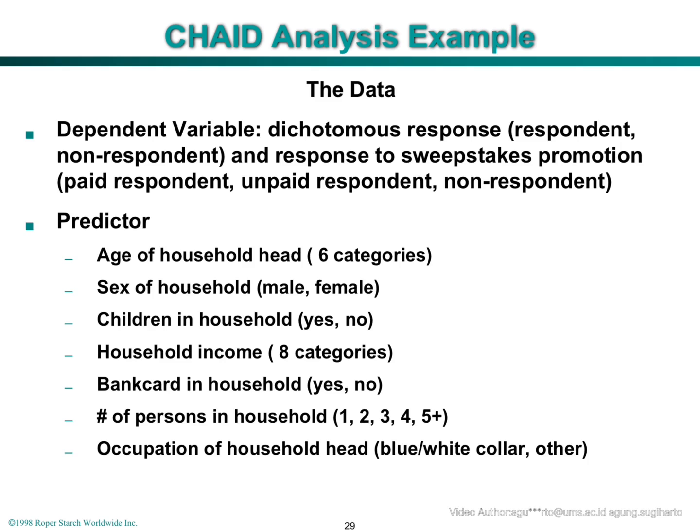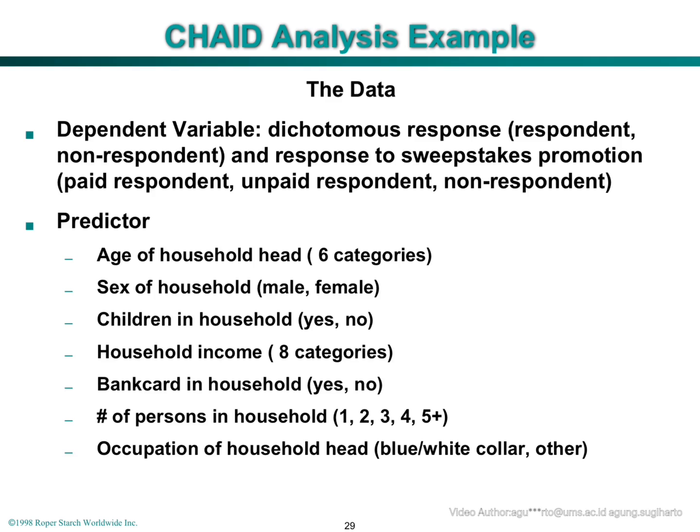The data: dependent variable, the response to the sweepstakes promotion, with status paid respondent, unpaid respondent, non-respondent. Predictors: age of household, sex of household, male or female, children in household, have children or not, and household income.